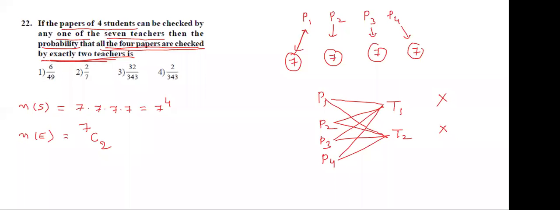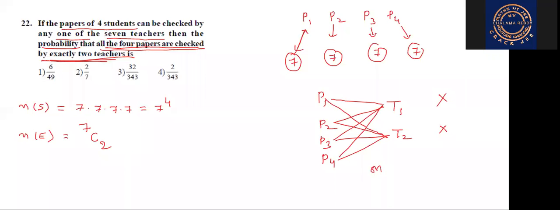Yes or no? So by using the onto function related concept, here n of A is 4, n of B is 2, exactly 2 means the number of onto functions, that is 2 power 4 minus 2.